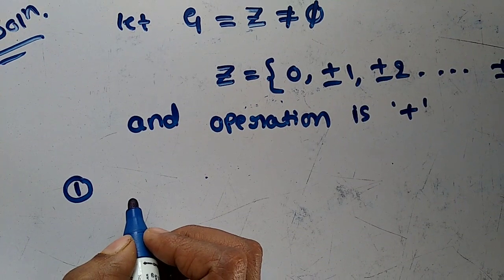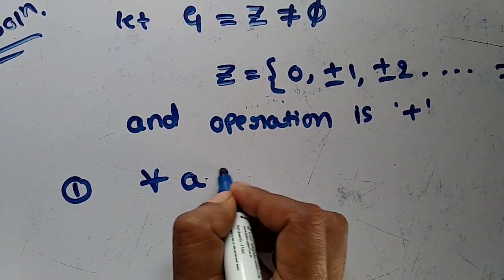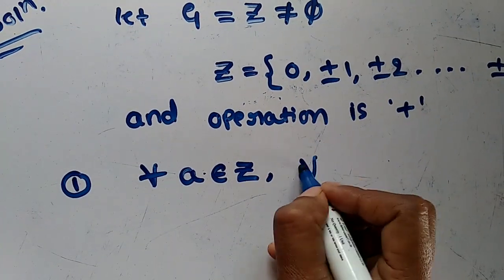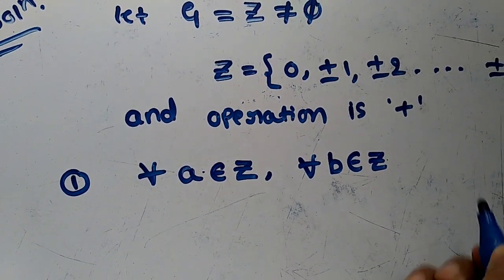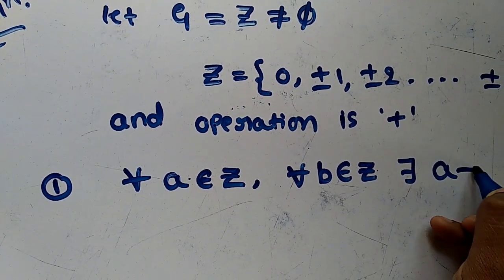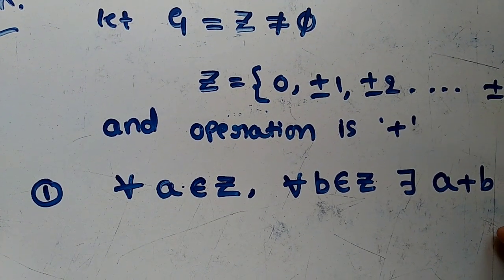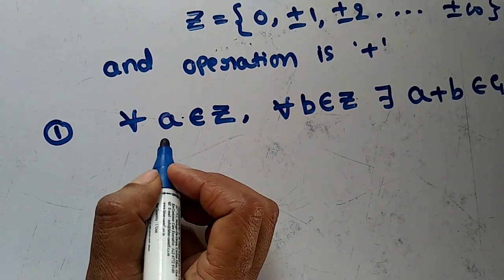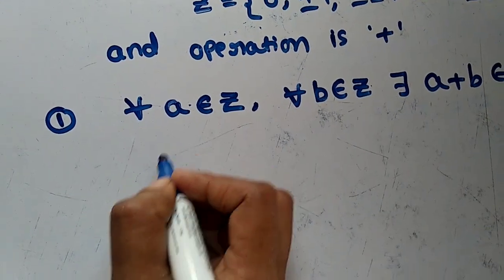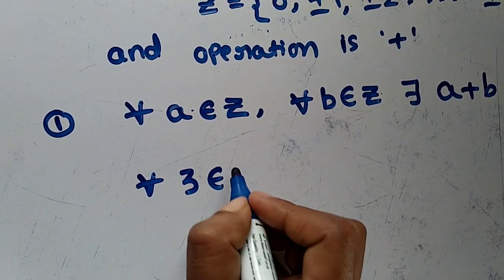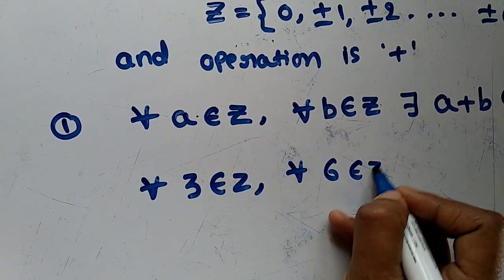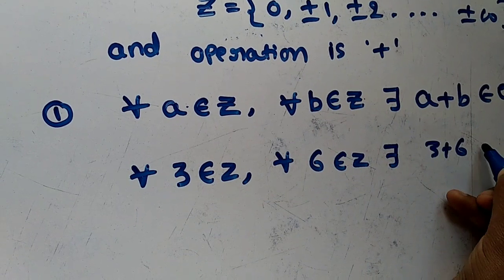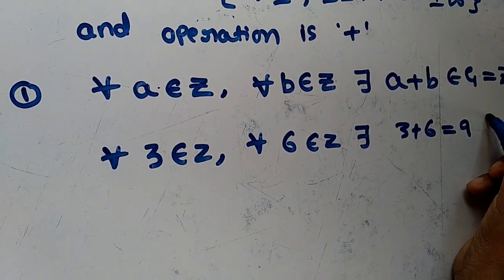What is the closure law? For all a belonging to Z, because my G here is Z, meaning any integer, and for all b also belonging to Z, then a plus b also belongs to the group, which is Z. Just take any two numbers. Here I take 3, which belongs to Z, and 6, which also belongs to Z. Then a plus b means 3 plus 6, which is 9. Does this 9 belong to Z?